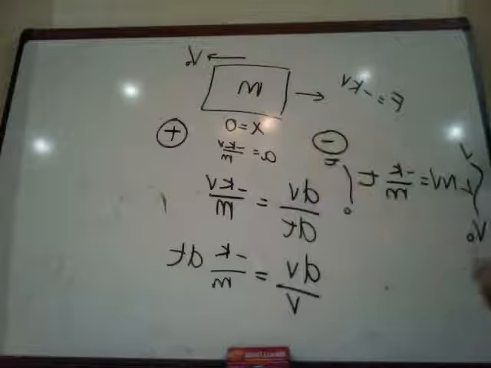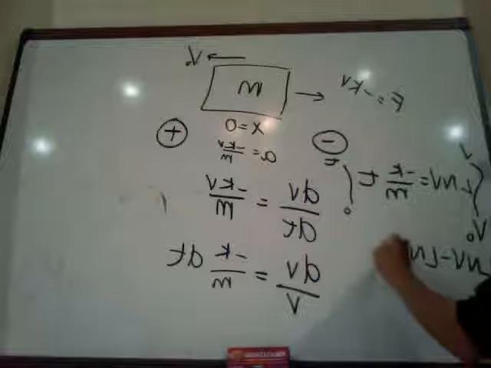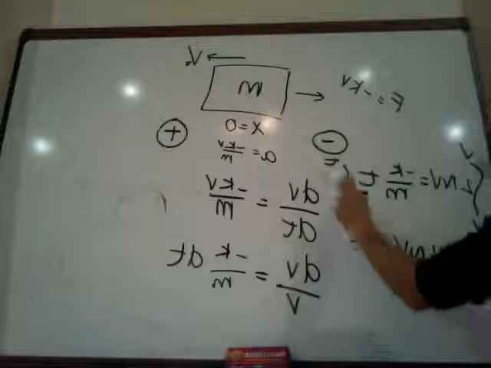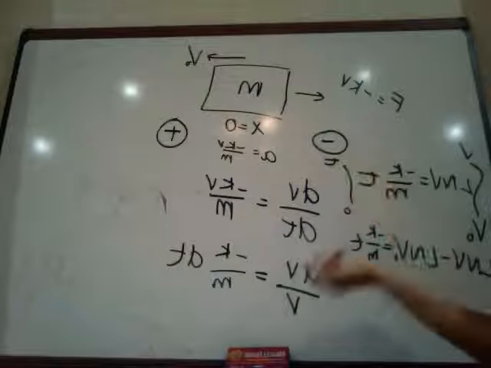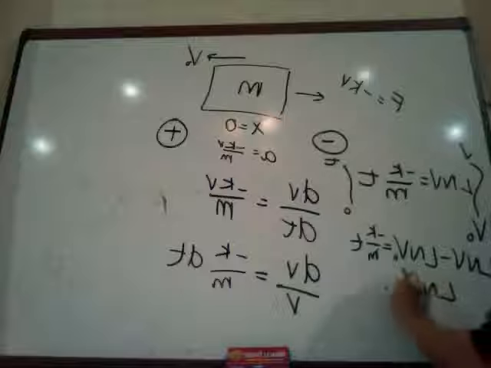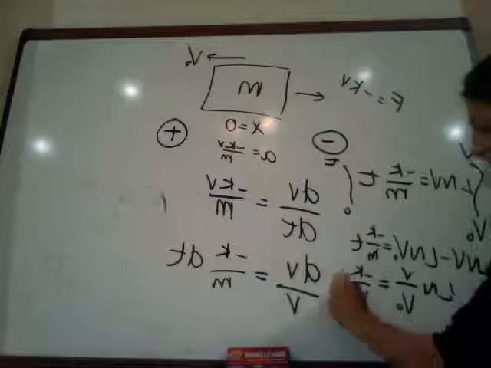So I know ln v minus ln V0 equals negative k over m t, and then minus negative k over m times 0, which is just 0. Then I know the property that ln v minus ln V0 is just ln of v over V0, and that equals negative k over m t.